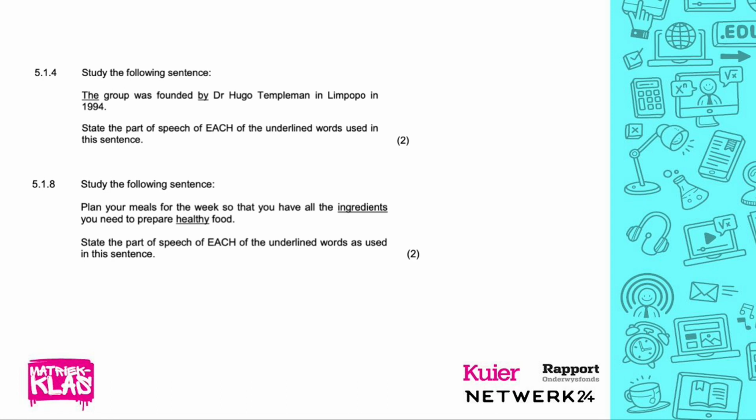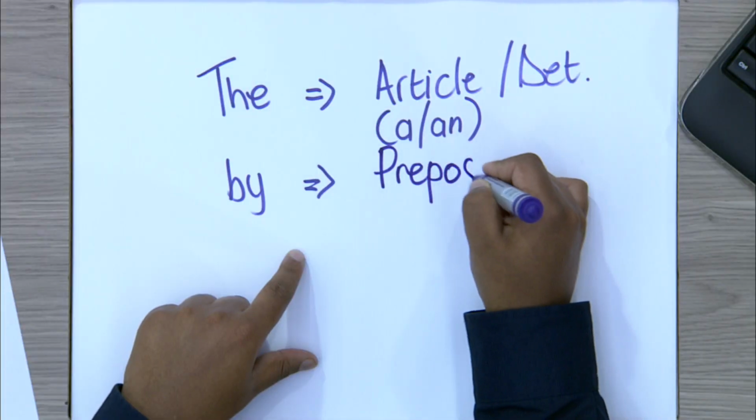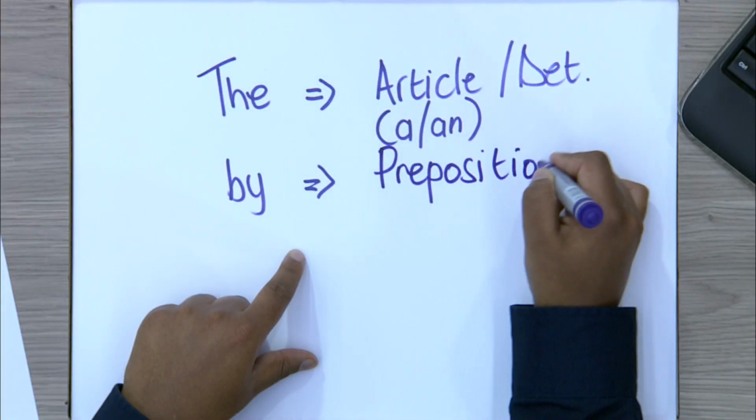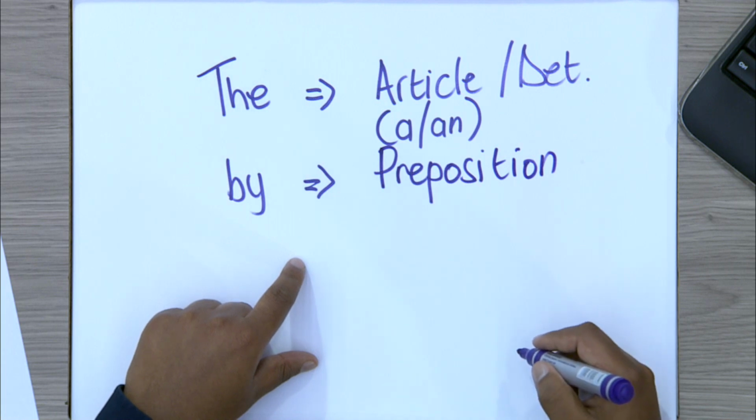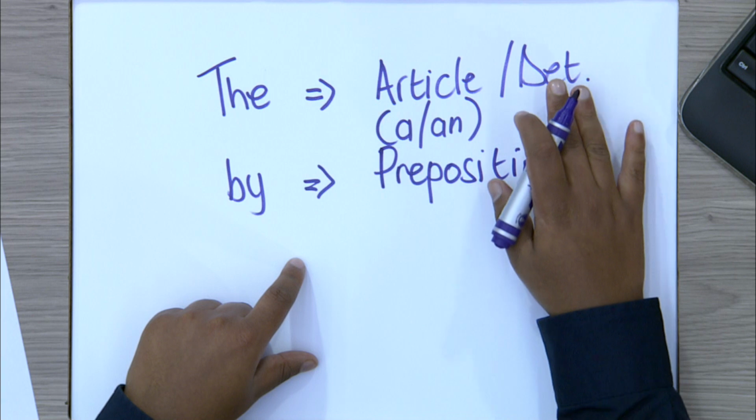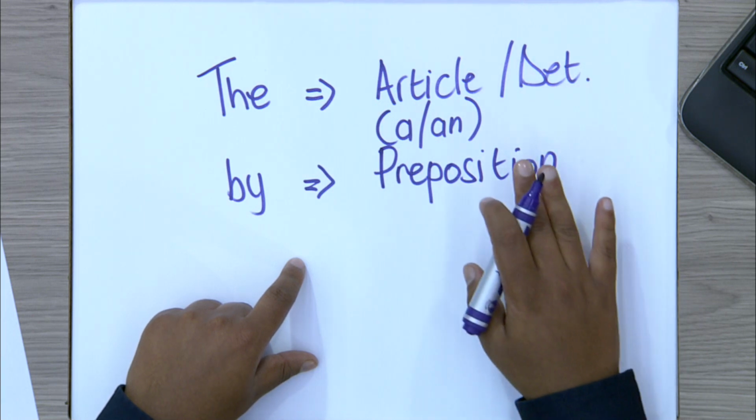And the sentence says the group was founded. Right? That can also stand on its own. But there's information that speaks about Dr. Hugo Templeman. So would that then not be my preposition? Automatically, that is my response. Preposition. That is what I've identified. Okay? And those are my two responses just for that question.